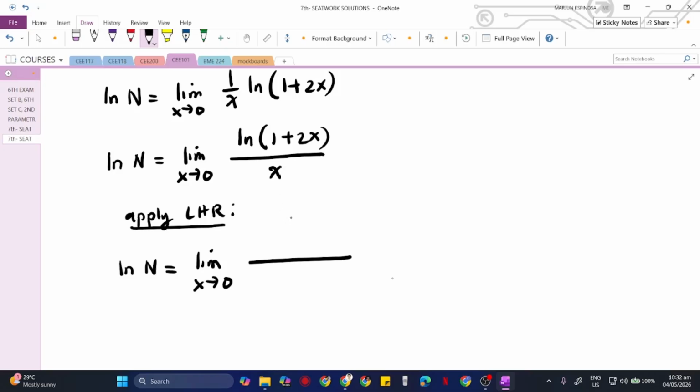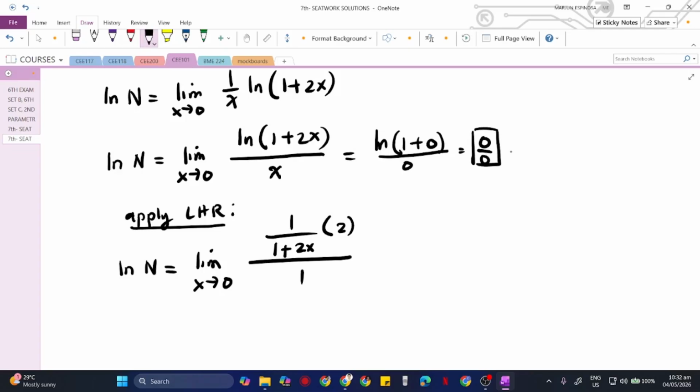So that is basically 1 over 1 plus 2x, and saka yung derivative ng 1 plus 2x is simply equivalent sa 2. Okay, yung derivative naman ng x is equivalent lang sa 1. Kasi if we will be substituting directly x here, magiging ln 1 plus 0, and yung ln 1 is equivalent sa 0, and then all over 0, so we have 0 over 0.